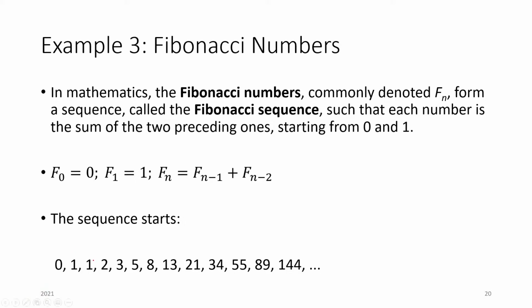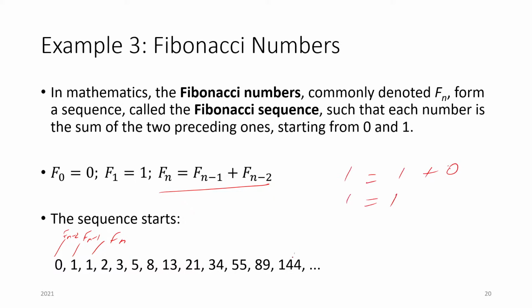So if we have, in this particular case, this here being f of n, this is f of n minus 1, this is f of n minus 2, and we plug that into our formula here. We see that we have 1 equal to 1 plus 0, 1 equals 1, so that's going to be true.